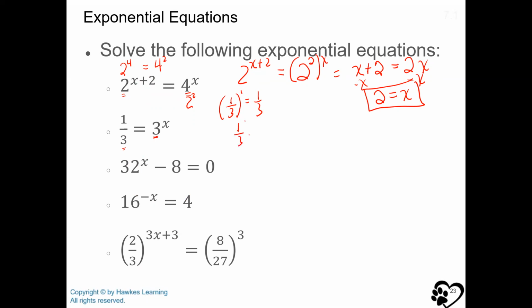Yep, this one's tricky, you guys, because if I raise it to the power of -1, that would equal 1 to the -1st over 3 to the -1st. Well, guess what 3 to the -1st is? We'd bring that up to the top, and it's 3. So 3 is equal to 1/3 raised to the power of -1.